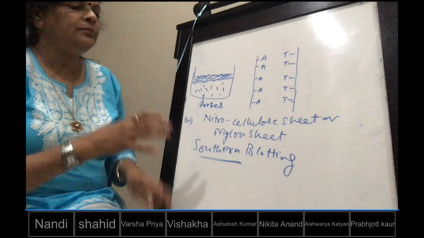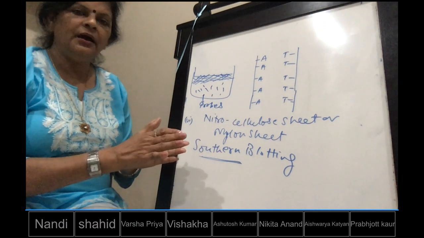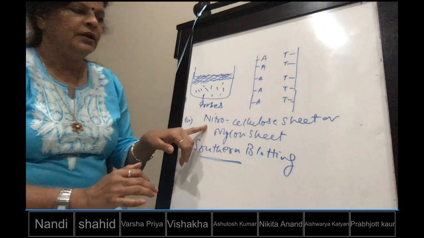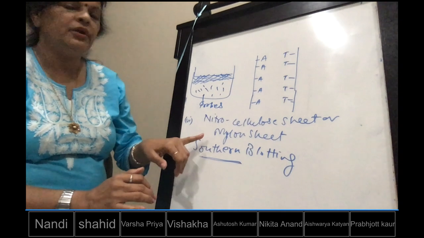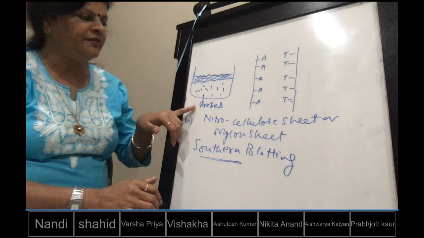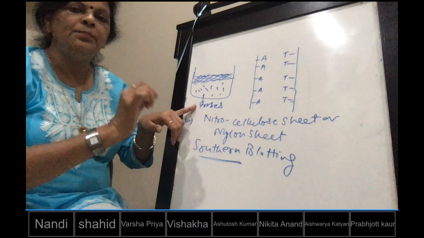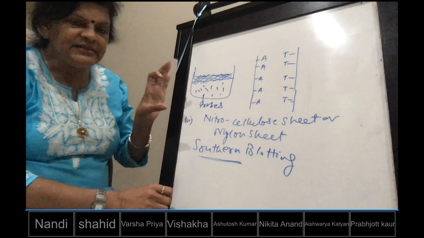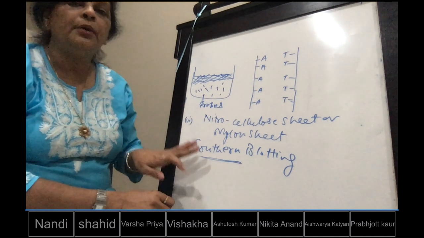So what is Southern blotting? The VNTR is poured on nitrocellulose sheet or nylon sheet dipped in a bath having probes. This technique is called Southern blotting.